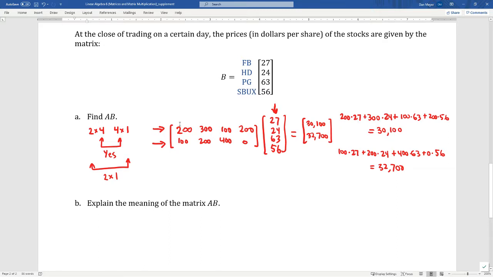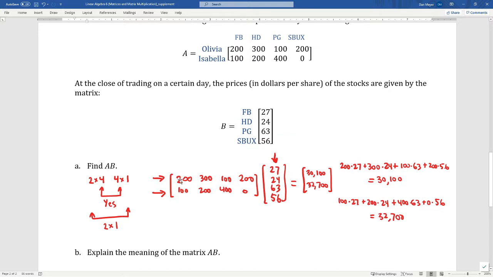200 times 27, well, we're looking at Olivia's shares. She had 200 shares of Facebook valued at $27 a piece. So 200 times 27, that's how much Olivia's Facebook shares are worth. 300 times 24, well, Olivia has 300 shares of Home Depot. They're worth $24 a piece. So 300 times 24 is what Olivia's Home Depot shares are worth.